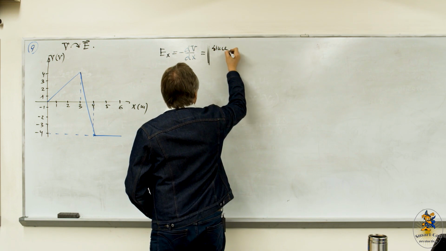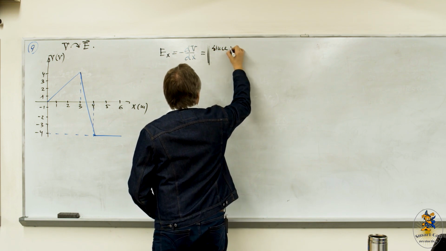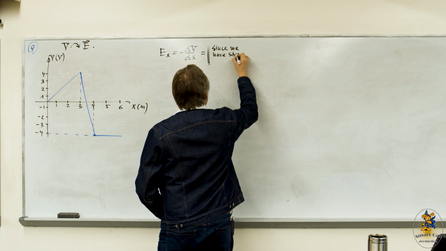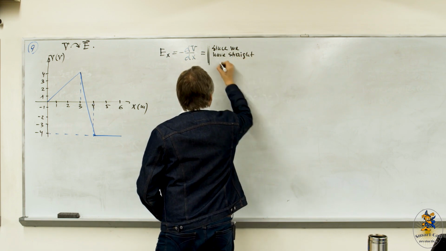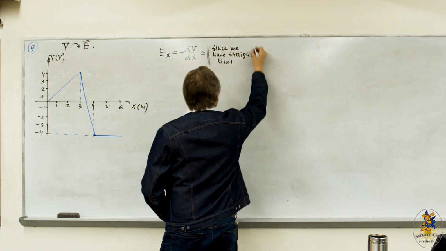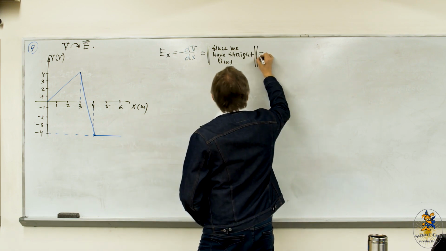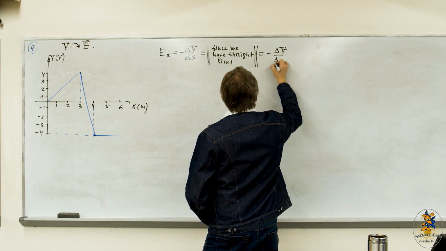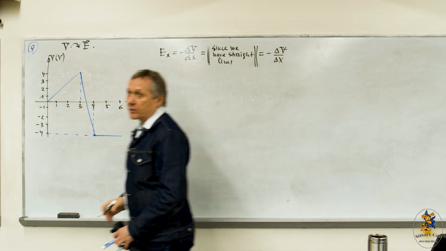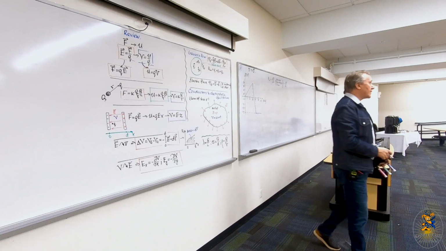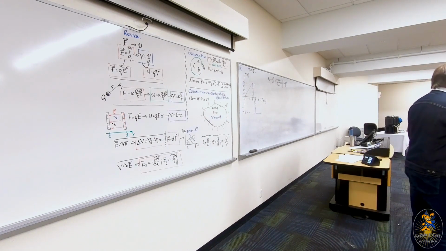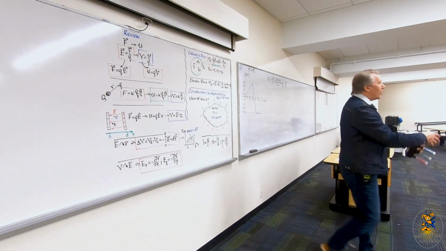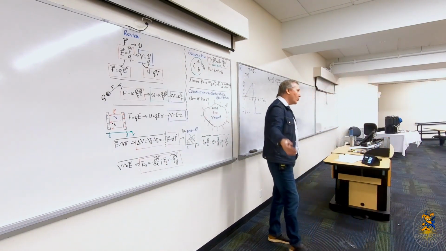Since we have straight lines, we can rewrite it as minus delta V over delta x. Essentially, it's a slope. If it's a straight line, it doesn't matter if you measure the slope over an infinitesimally small dx increment or over a finite delta x, the slope will be exactly the same.